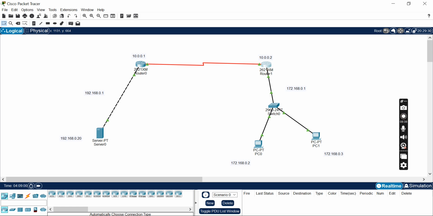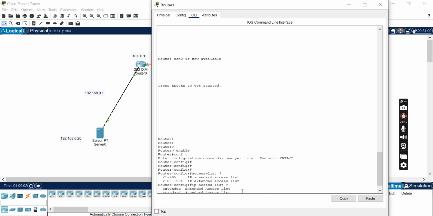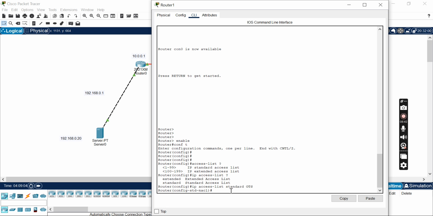Okay, so where is my router configuration? I'm just going to put that information in here: deny, and my particular network device IP address 172.168.0.2. After this, I don't need to make my subnet mask in here.